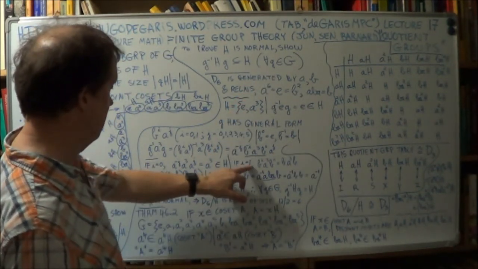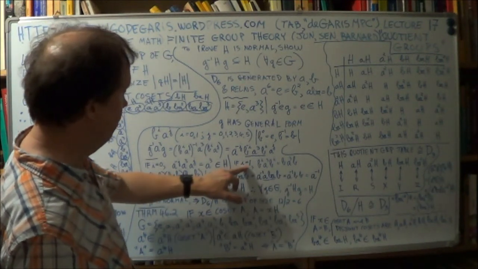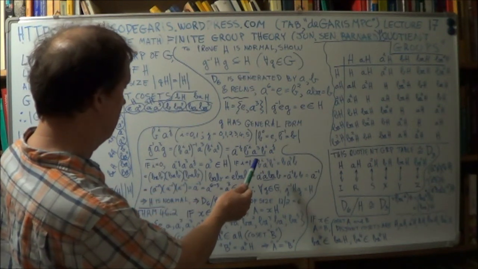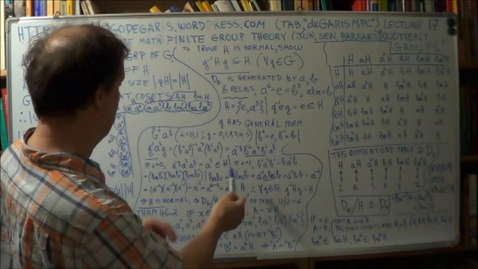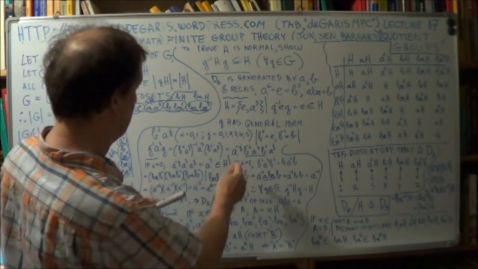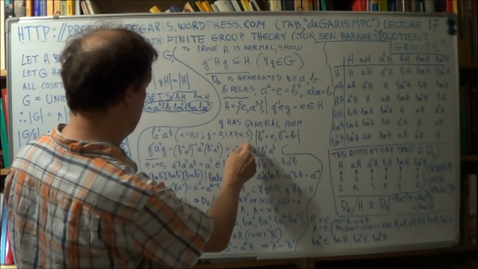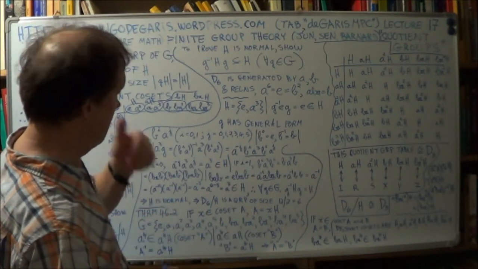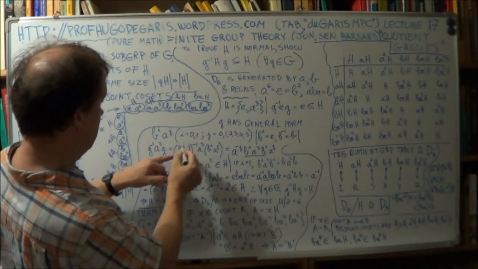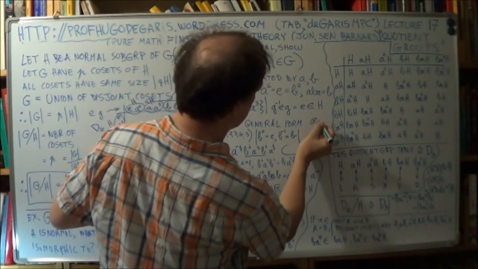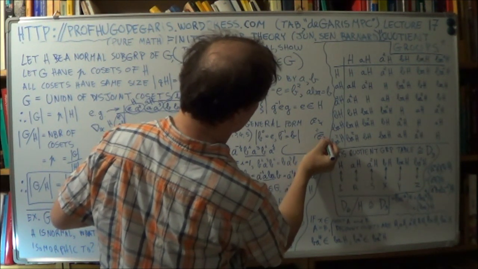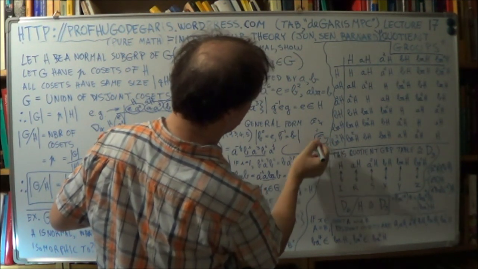Right? Now, the other case, when i is 1. Now wait a minute, I changed that just before. Strictly speaking, it should be b to the minus i. So b to the minus i, that's the same thing as b inverse to the i, okay?